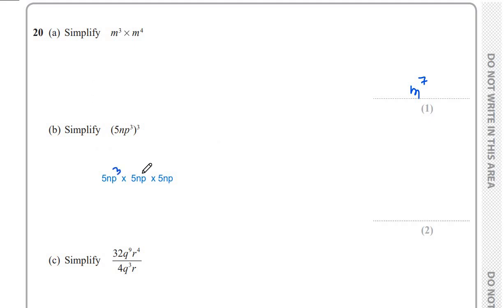Don't forget the cube. So 5 times 5 times 5 is 125. And then n times n times n is n cubed. And then p cubed times p cubed times p cubed. So you need to add up the powers. 3 plus 3 plus 3 is 9.